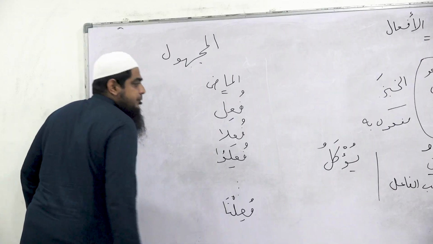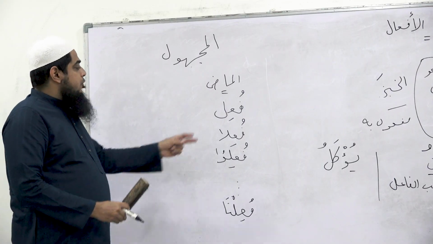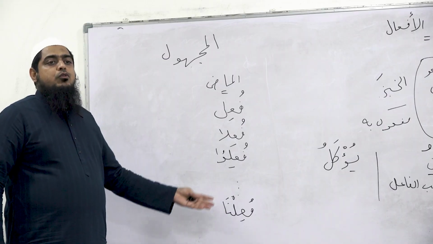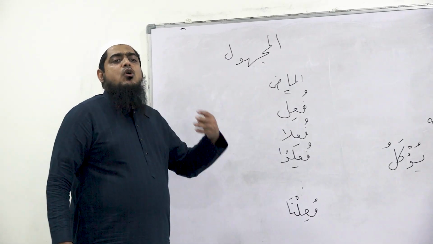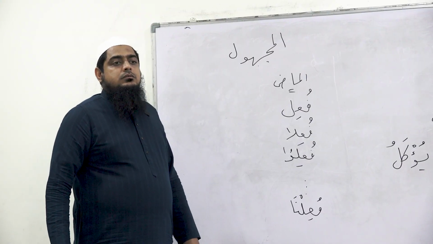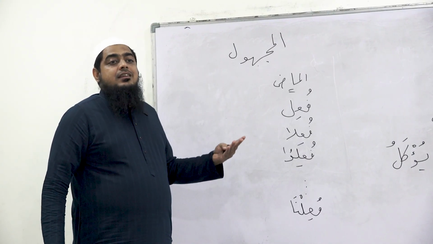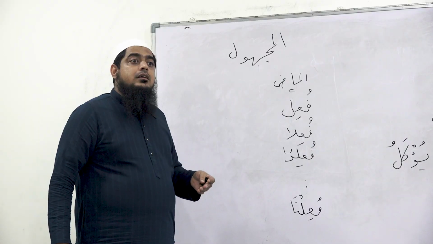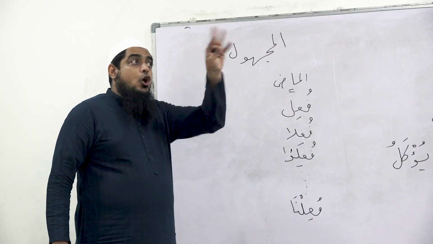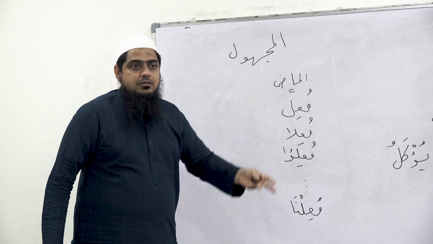Is that correct? فعل فعل فعلوا فعلت فعلتا فعلنا فعلت فعلتما فعلتم فعلت فعلتما فعلتن فعلت فعلنا. Now what's the meaning that will come? What's the meaning of فعل? It was done. فعل, they too were done. فعلوا, they all have been done.